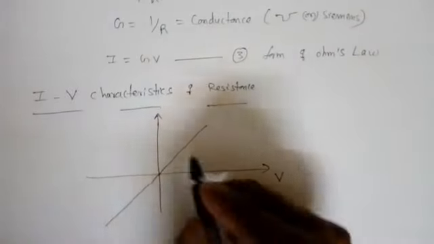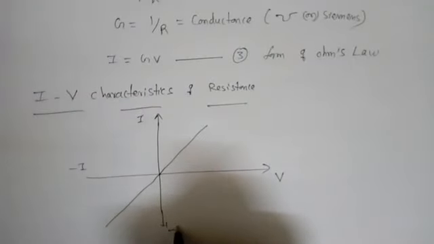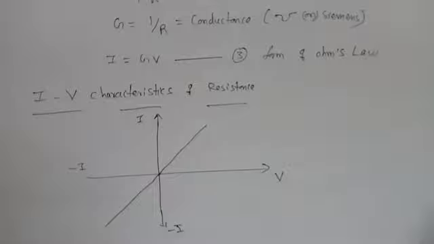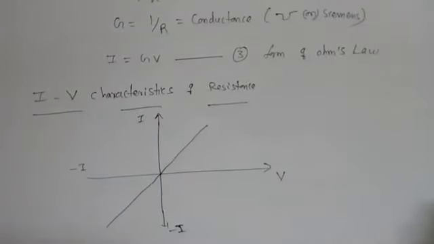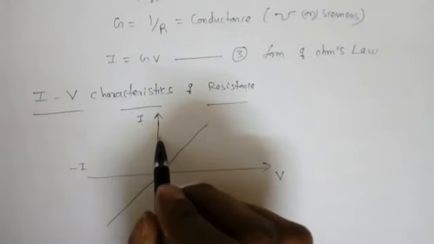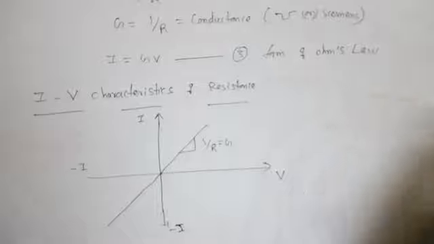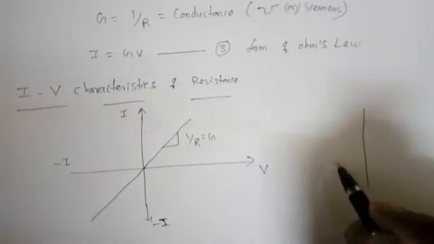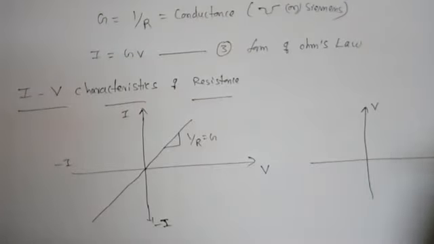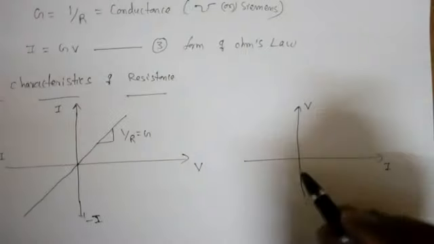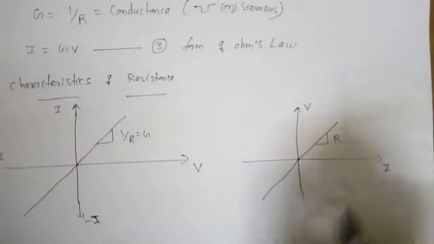Like this. So the slope is always positive. This is minus I, right? So in the IV characteristics, I by V is nothing but 1 by R, so it is conductance. This diagram also can be written in the opposite way. That is, if we take V and this is I, the characteristics will be like this. So here the slope is R.